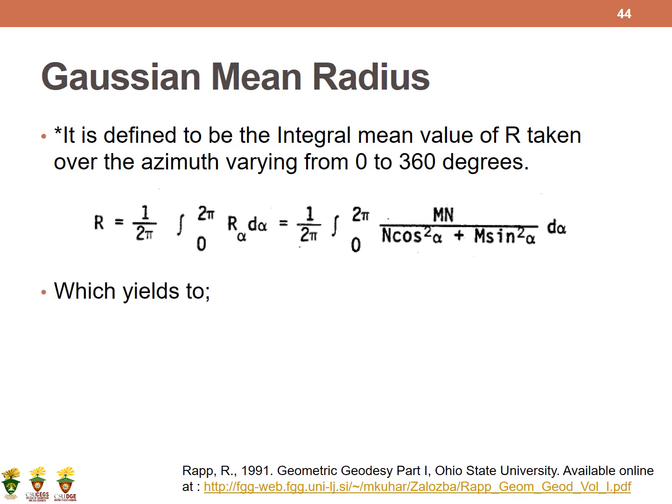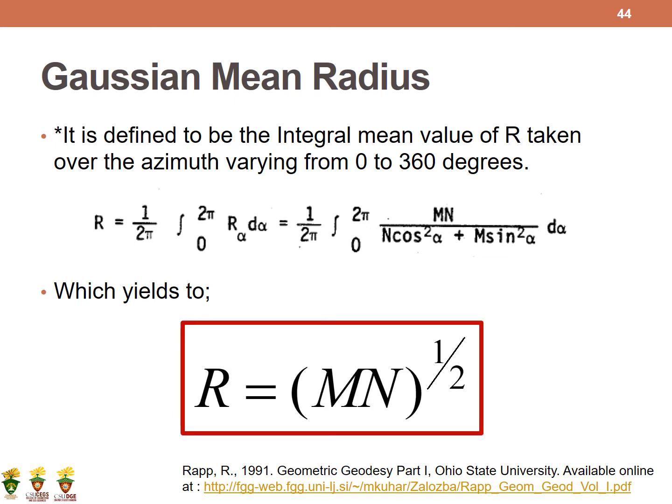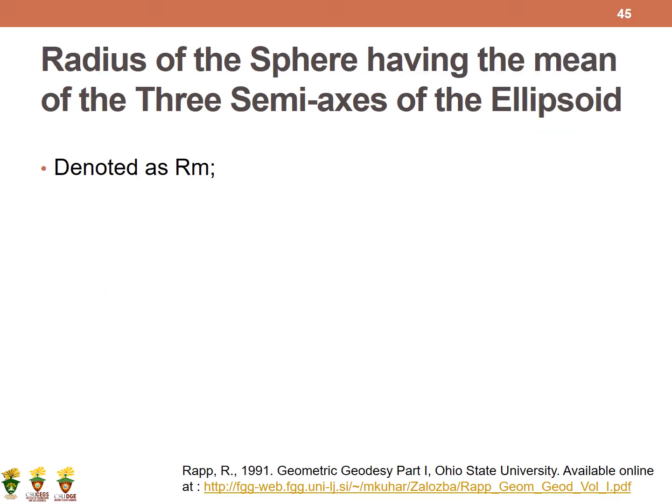From this series of equations, nahimo na lang din siyang r is equal to the meridional section radius times the prime vertical section radius raised to the power of 1/2, or the square root of MN.